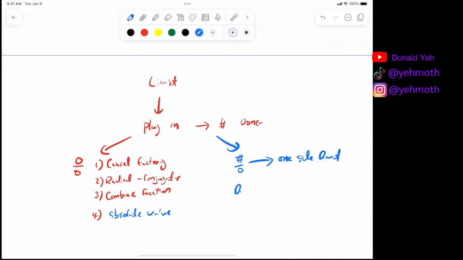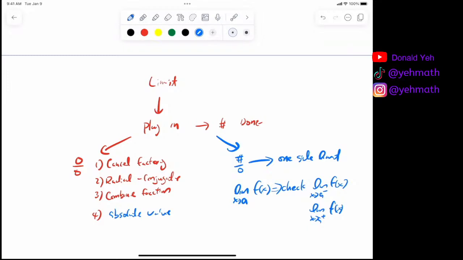If you approach, let's say, A like this, then you must check the limit as x approaches A on the left, as well as the limit as x approaches A on the right. If it's a number over 0, then you must check both sides.